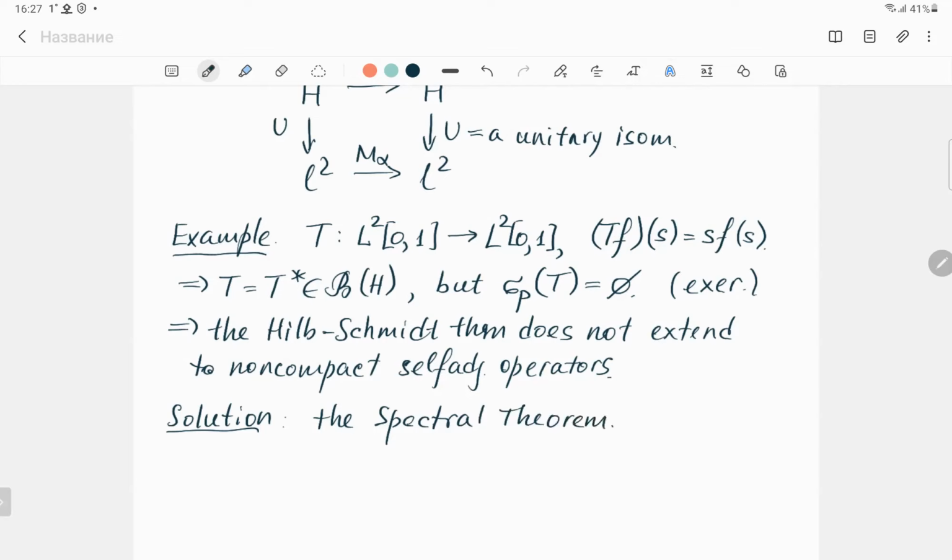The point is that if we formulate the Hilbert-Schmidt theorem in essentially different terms, then this new statement can be extended to non-compact operators. And the spectral theorem will be one of the key results, which will be proved in our next course on operator theory next spring.